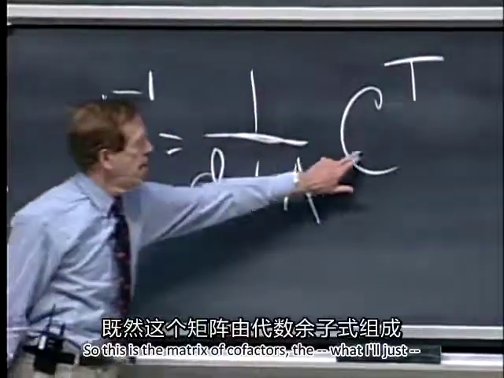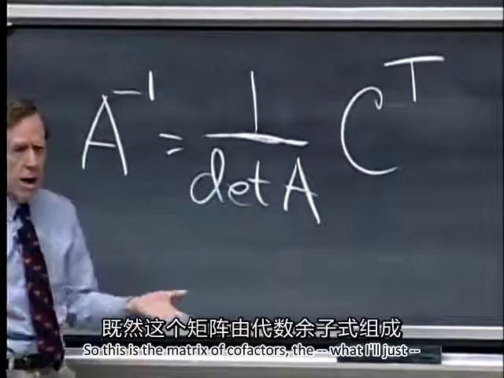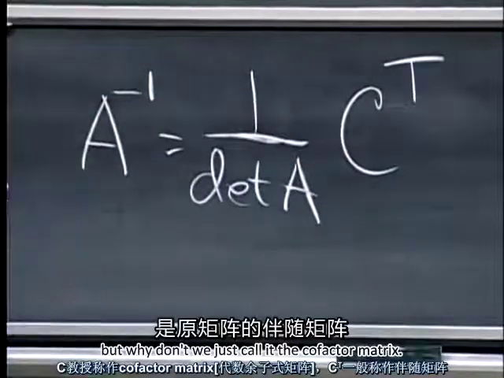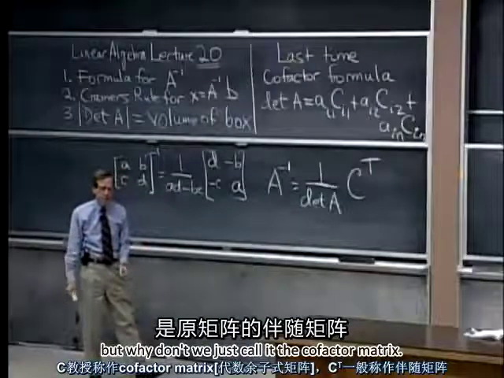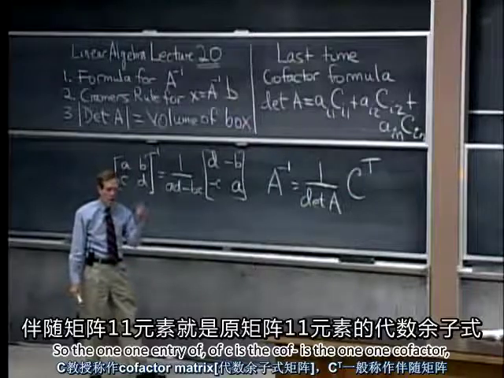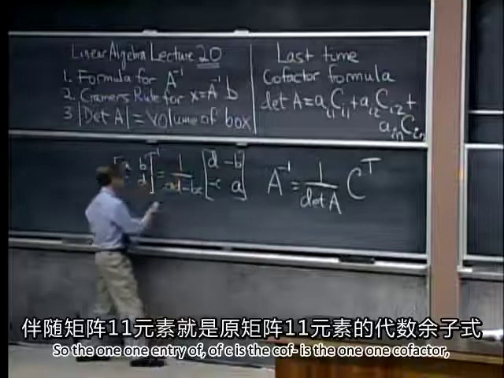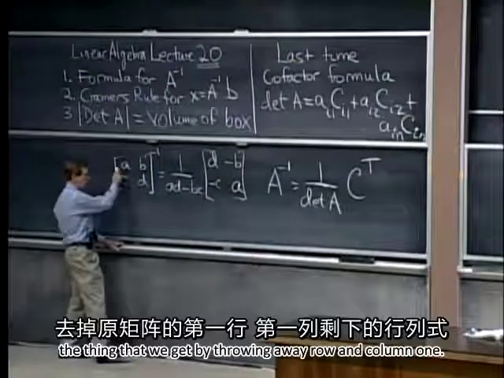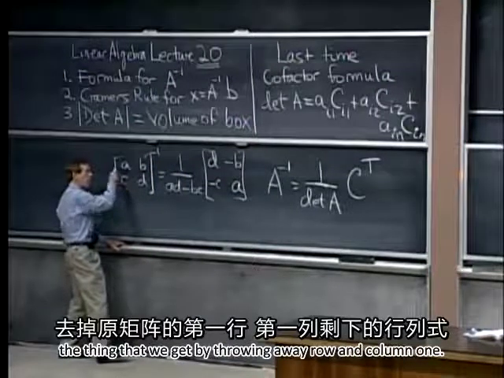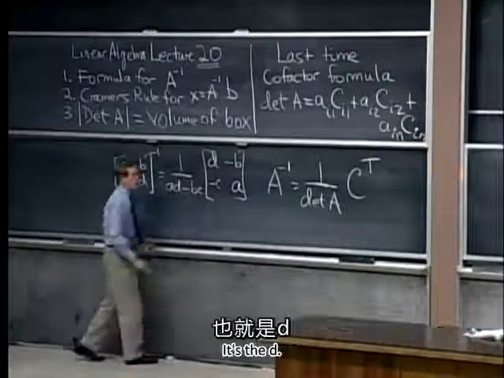So this is the matrix of cofactors, why don't we just call it the cofactor matrix? So the 1, 1 entry of C is the 1, 1 cofactor, the thing that we get by throwing away row and column 1. It's the D.